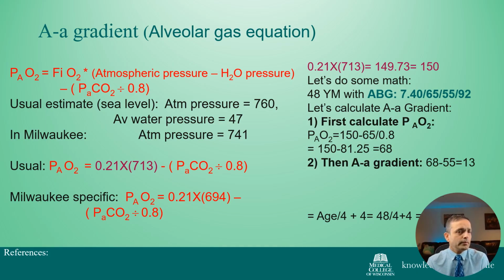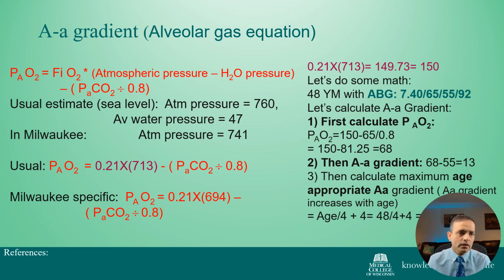So how much is the AA gradient now? AA gradient is going to be 68 minus small a. Small a comes from ABG, which is the oxygen number of ABG, which is 55 here. So 68 minus 55 is going to be 13.